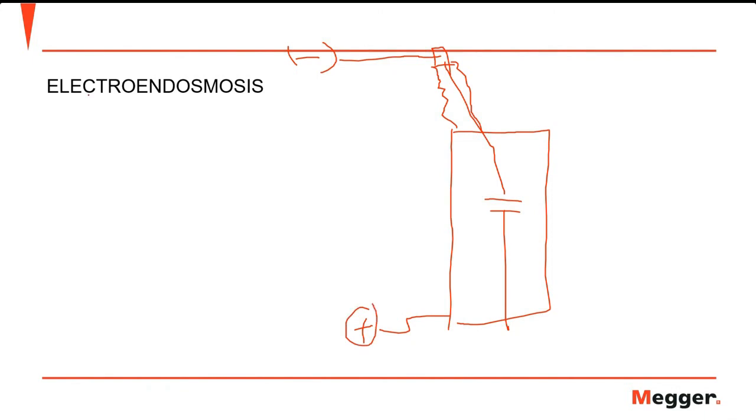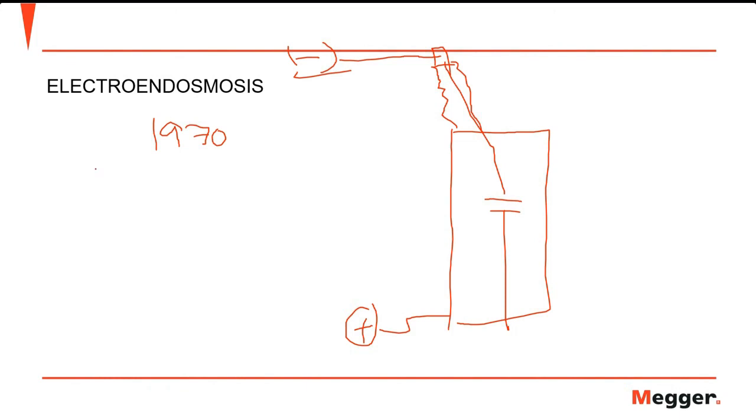This is actually only present in old insulation that was made not later than 1970. For insulation made before 1970, we need to do this properly: connect the negative to the high voltage side and positive to the low voltage side, or to the ground or to the tank.